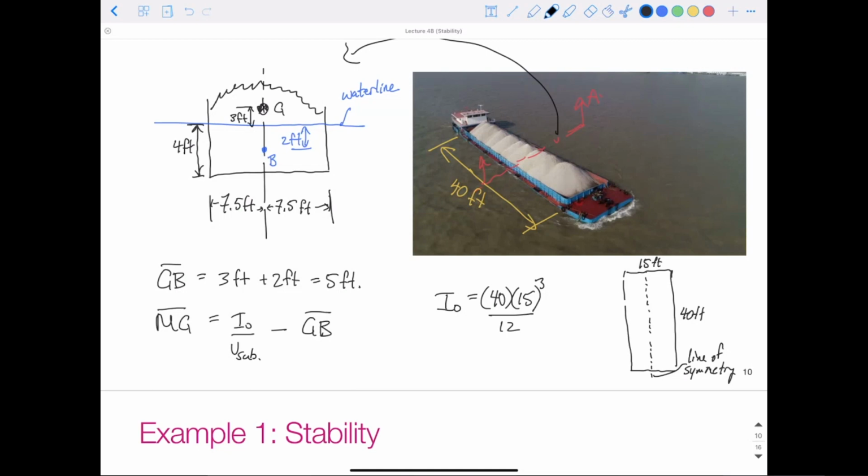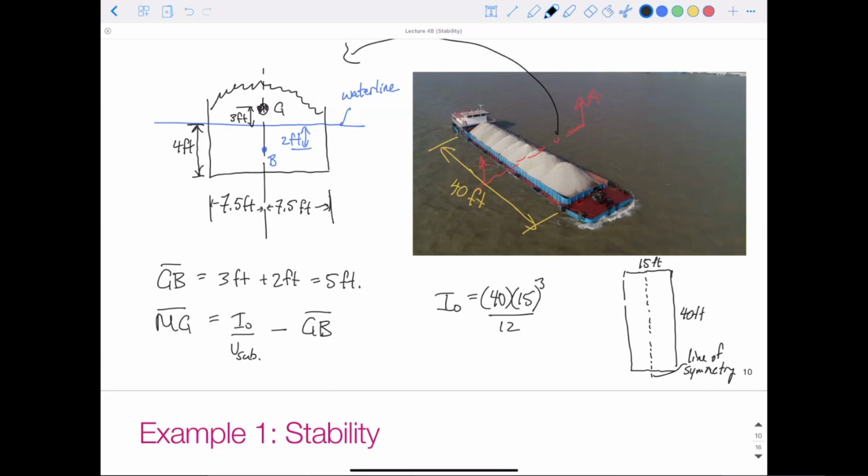If we want to remember which dimension is cubed and which isn't, the dimension that reaches away from our center of tilt, or center of rotation, or pivot point, is going to contribute more to our moment of inertia. So if our boat is wider, that should contribute to our stability much more than if our boat is longer, because it's going to tilt about this length axis.